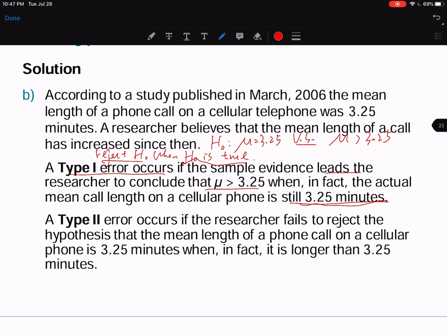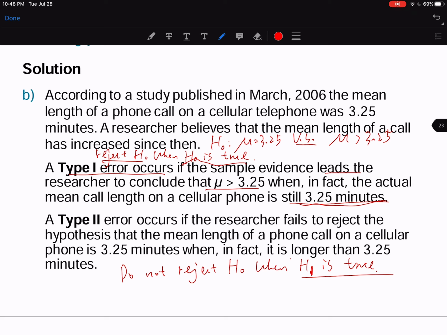We know the type 2 error is do not reject the null hypothesis when the alternative is true. Let's take a look at why. Because in fact it is longer than 3.25 minutes, that means the alternate hypothesis is correct, right?